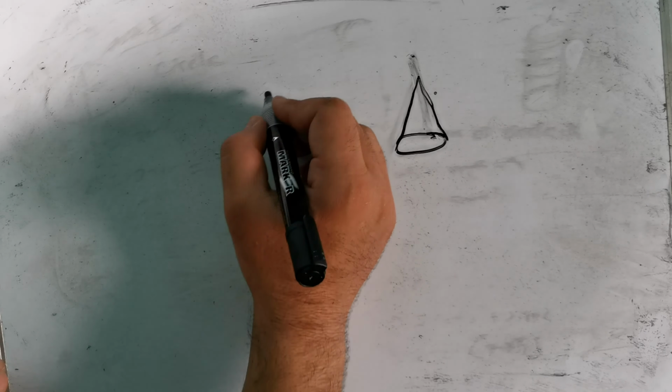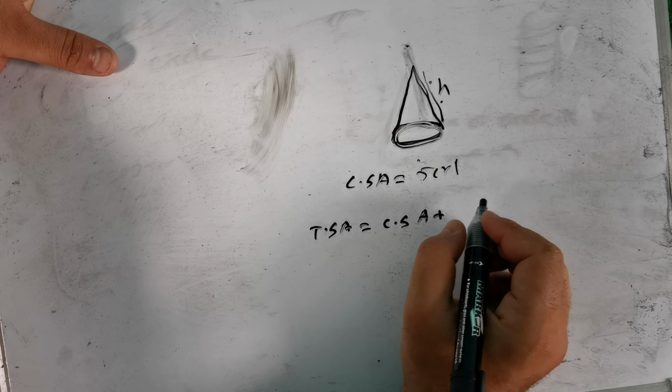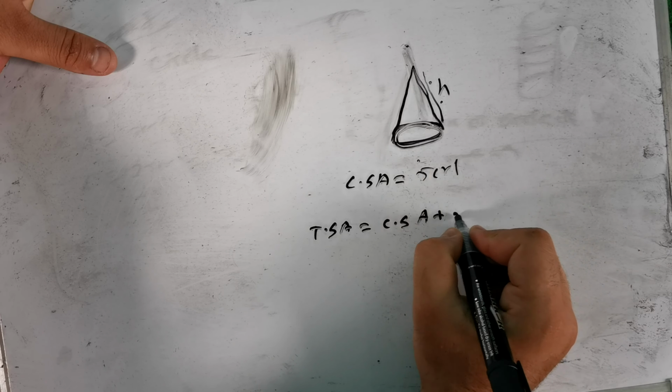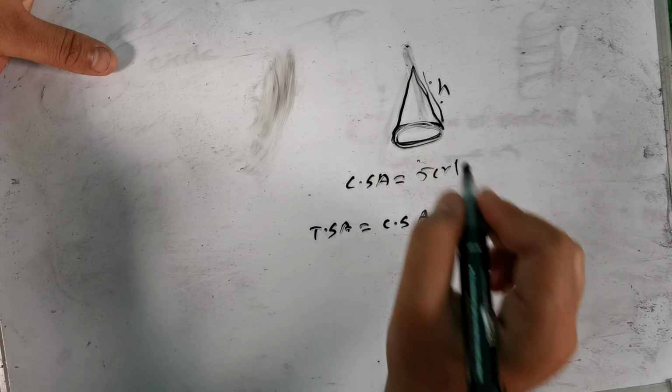Now, curved surface area is pi r l. And total surface area is curved surface area plus pi r square. One circle means pi r square.